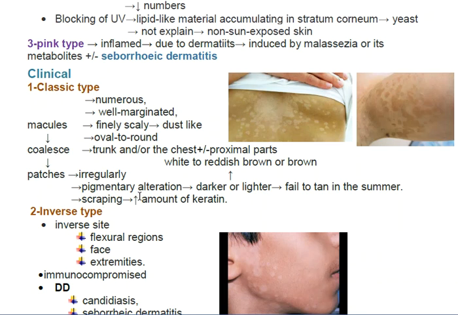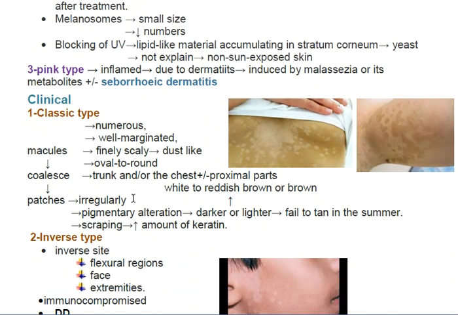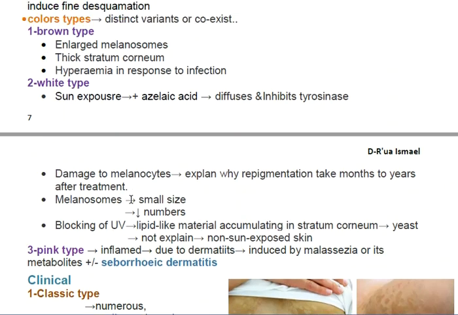There is pigmentary alteration, darker or lighter: white, reddish, brown, a variation of colors. It fails to tan in summer, as there is a defect in pigmentation. When scraping, a amount of keratin is released by the scraping. This keratin material is induced by the pathogenesis of the fungus.